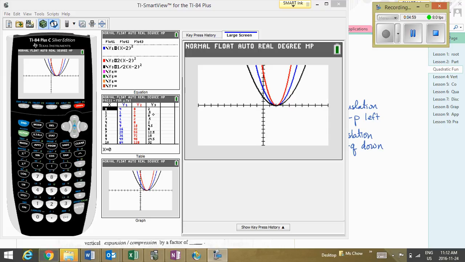If you look at the table of values, again, just look at the blue and the black. So when y was 4, y is now 2. When y was 1, it's now a half. Half of 0 is obviously still 0. And half of, if we go up to 25, is 12.5. Half of 36 is 18. So we've taken half of all of our y values.